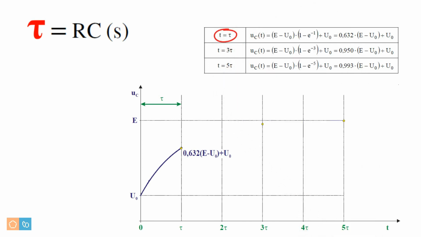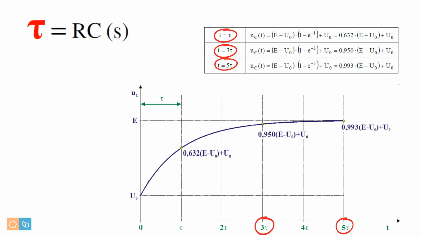After 3 times tau, the voltage across the capacitor reaches 95% of E minus U0 plus U0. And after 5 times tau, it reaches 99.3% of E minus U0 plus U0.